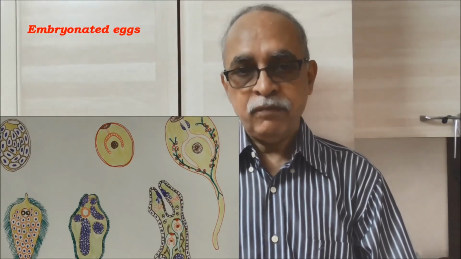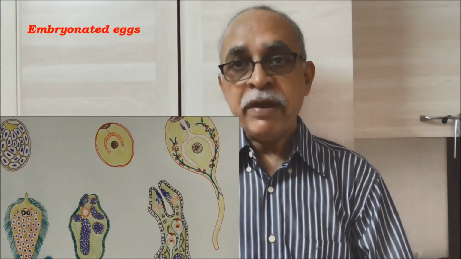It stays in aquatic conditions, so let us say in water or in mud, and then develops into embryonated eggs. These embryonated eggs then hatch out as Miracidium larva.